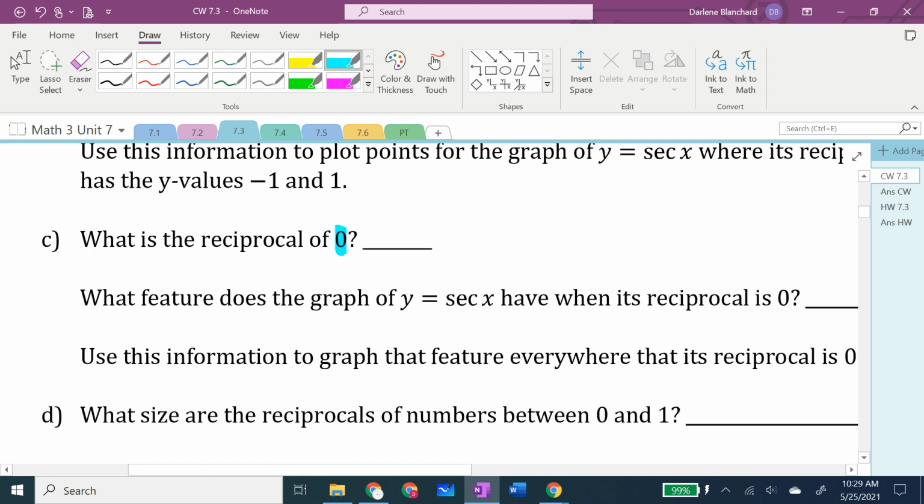So this is actually a tricky question. What is the reciprocal of 0? Like this one's really, really, really tricky, and you haven't really gone deep into it yet. This is undefined.